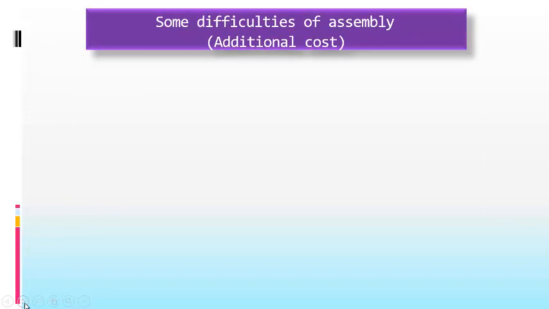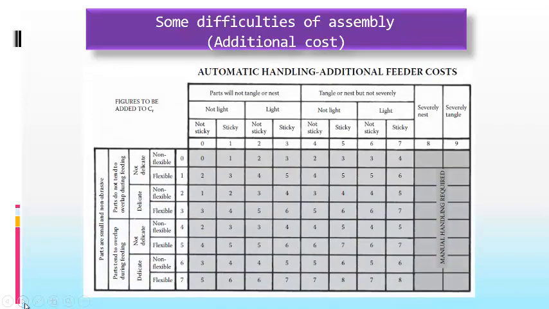Actually, this is for handling, but there are additional costs which he gave to his components on his table. He said that if there are difficulties in part feeding and orientation, this will cost more money.